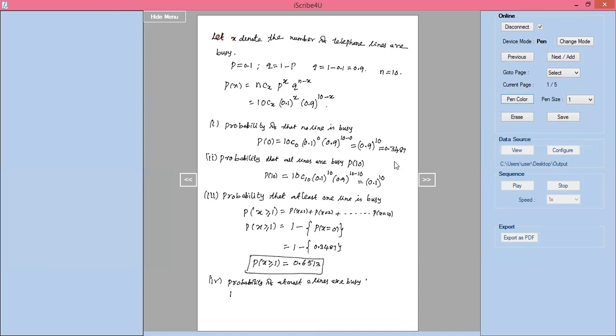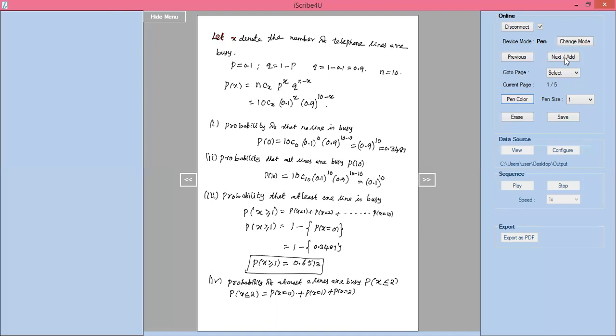So I can write probability of x less than or equal to 2, which means probability of x equal to 0 plus probability of x equal to 1 plus probability of x equal to 2. That is P of 0, P of 1, P of 2.